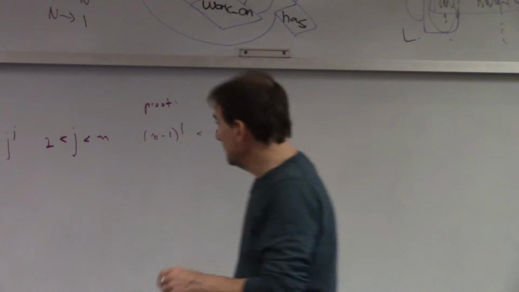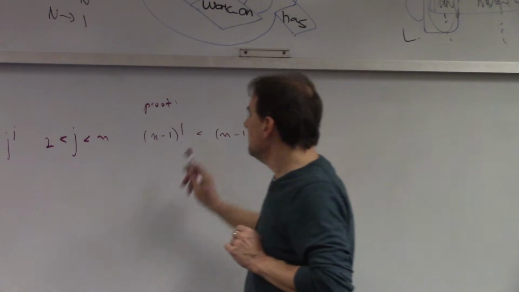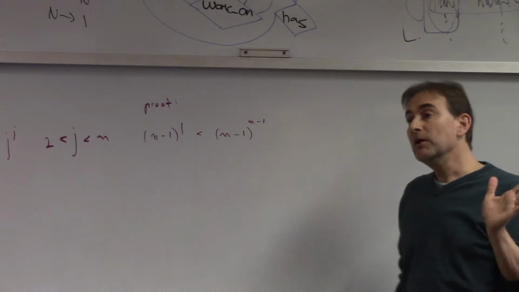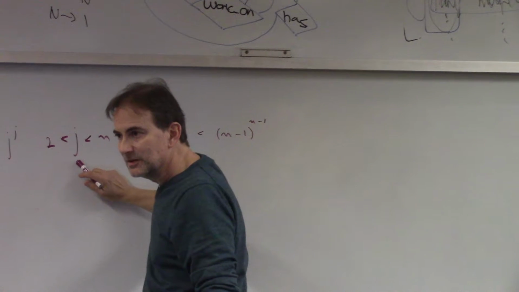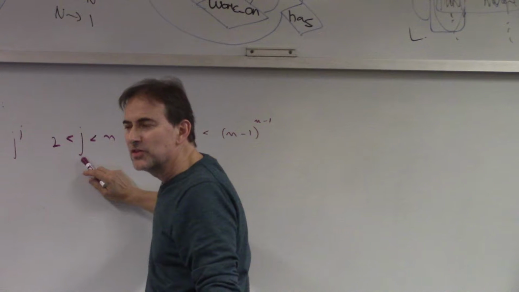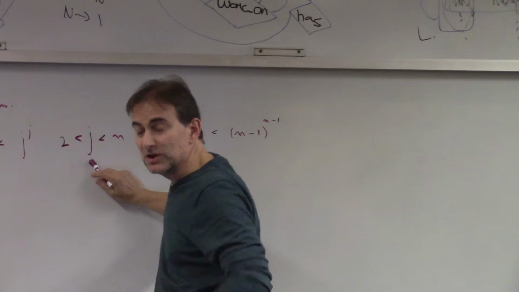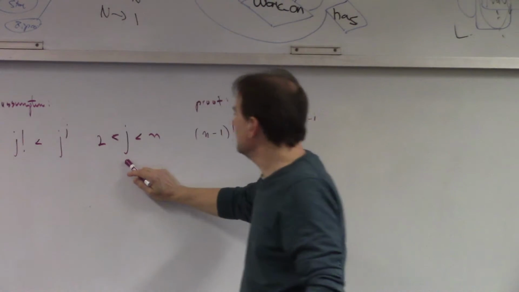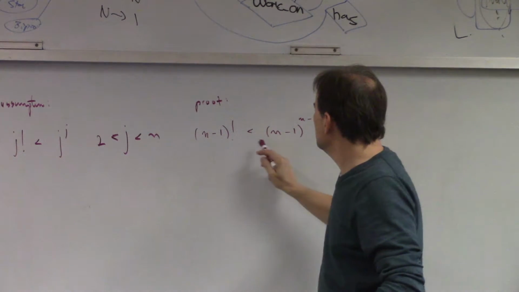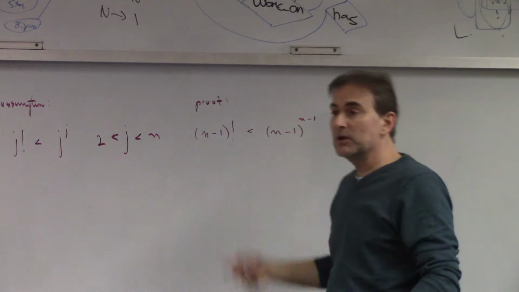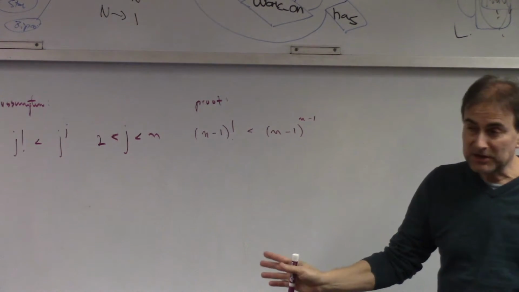Now, what is the value of n? I don't know. But I do know that n is a positive integer, 3 or higher. That's important, because if n could be negative, multiplying by it would flip the inequality. You've got to be careful on that.